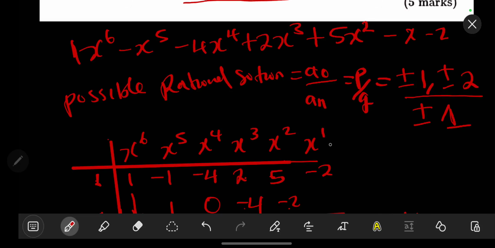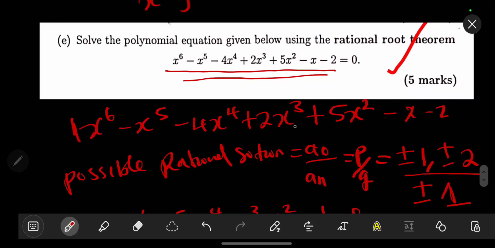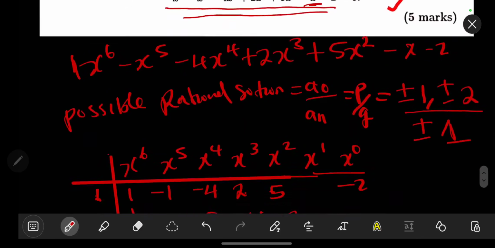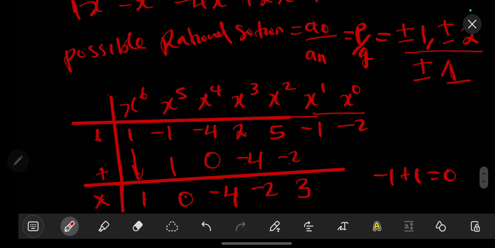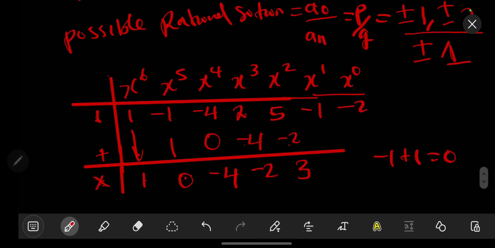Then x to the power 1 is given as a negative 1, so we put a negative 1 like that. Then 1 times 3 gives us positive 3. Negative 1 plus 3 gives us positive 2. 1 times 2 gives us a 2. Negative 2 plus 2 gives us a 0, like that.